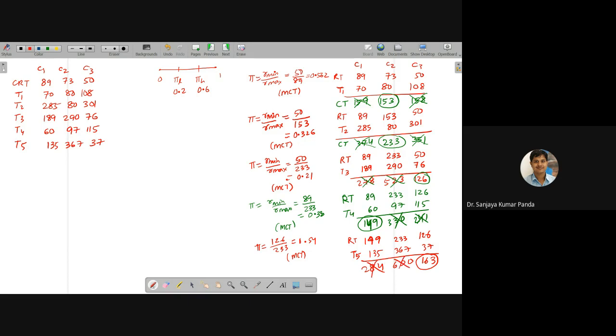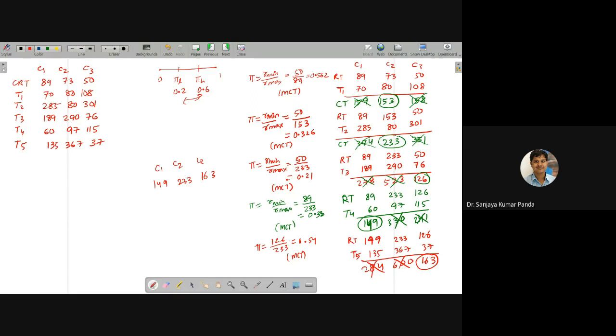So the makespan you are getting in C1, C2, C3 is, in the first case you will get 149, second case you will get 233, then 163. Right? Then again here if you calculate, if it is in the range of this one, then you will continue with MCT only. But if it is greater than pi H, then you will change the mode to MET.